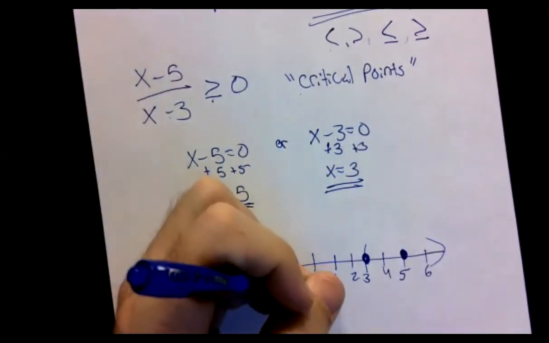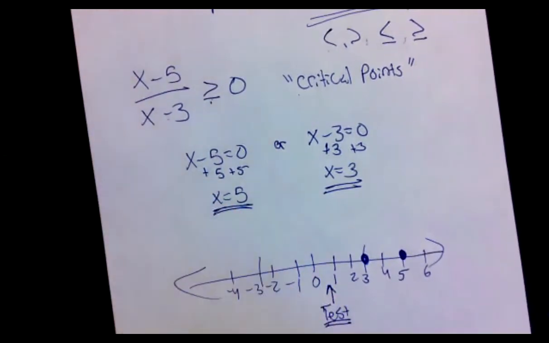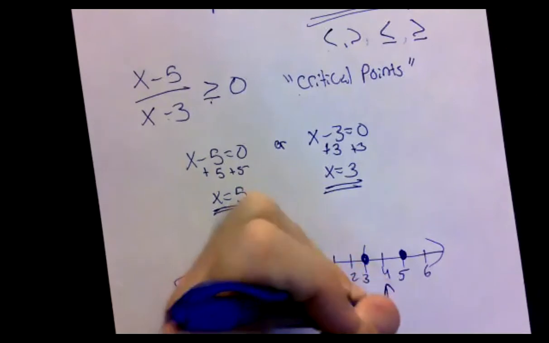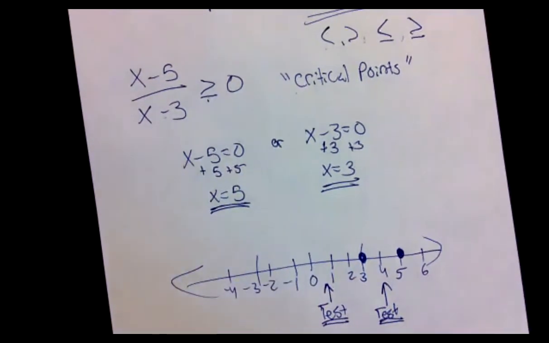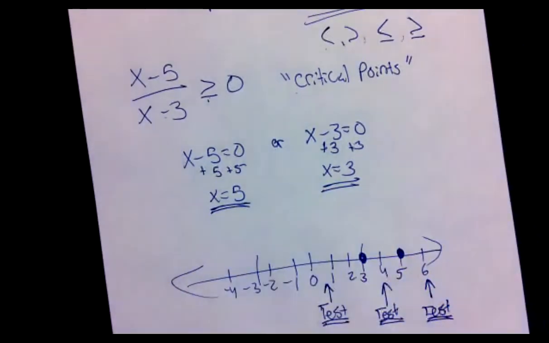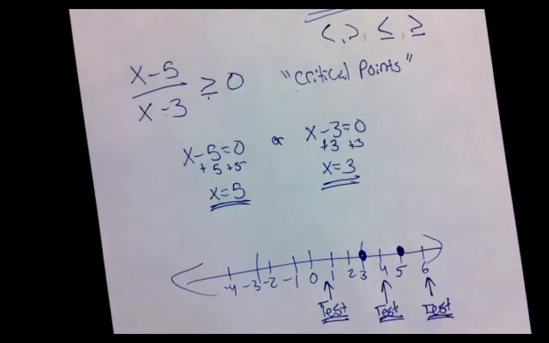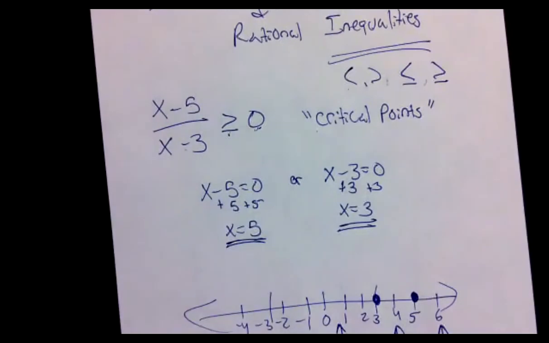So we're going to choose something over here and we're going to test it. We're going to choose some point in between and we're going to test it. And then we're going to choose some point over here and we're going to test it. Okay. All we're looking for is positive or negative because we want to see how this relates to 0.